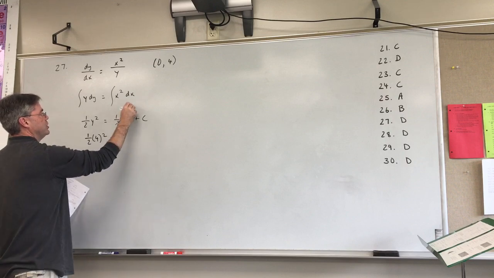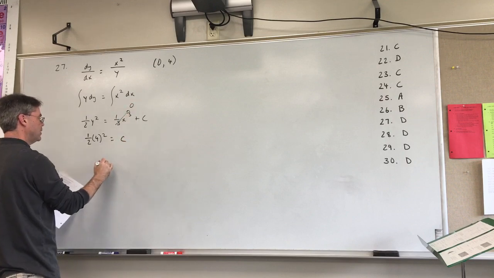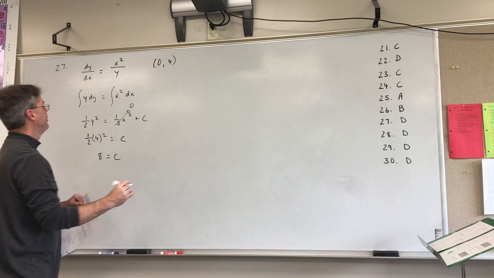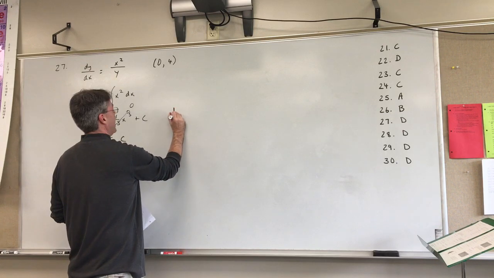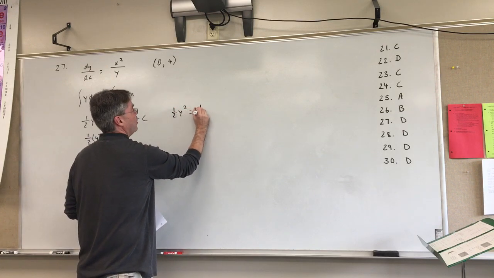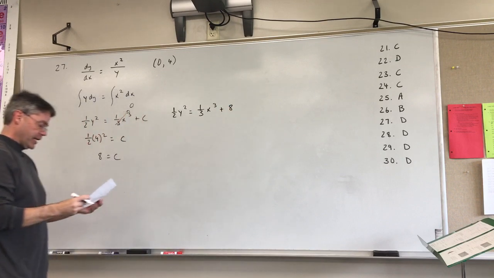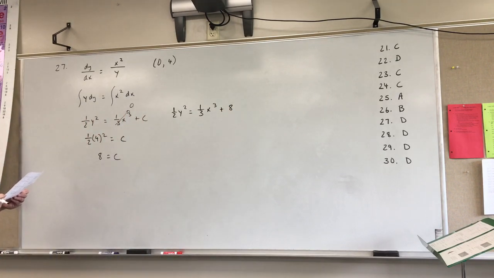That just goes to 0. So we have c. So 8 is equal to c. So we could finish this thing out. It would be 1/2 y squared is equal to 1/3 x cubed plus 8. And that is D.